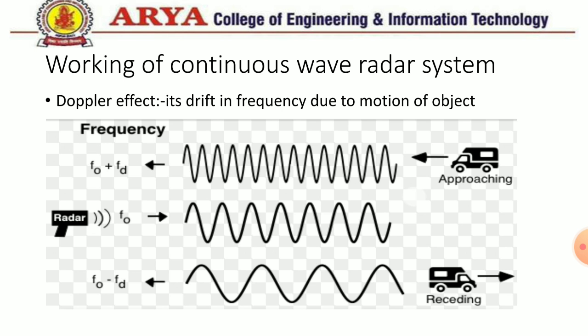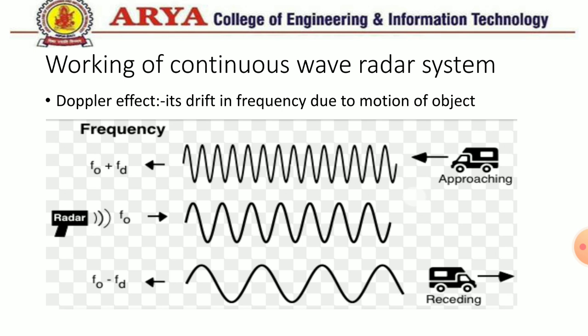So if the object is moving towards the radar system, the drift in frequency indicates velocity towards the radar system. If the target moves far from the radar system, the received reflected signal will be f node minus fd, where there is a decrease in frequency, and that is due to the velocity of the target away from the radar system.